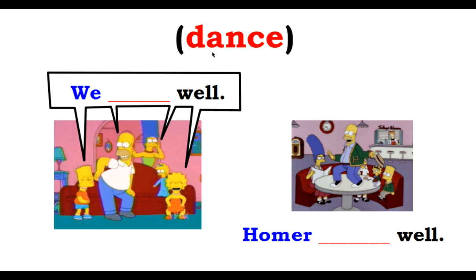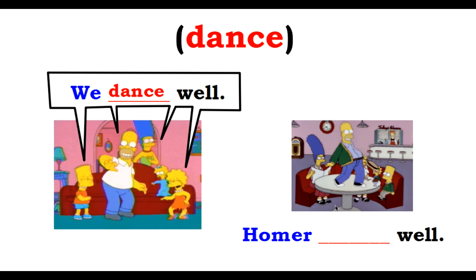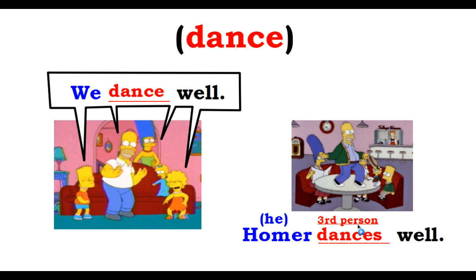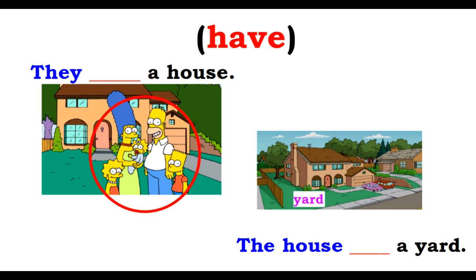The verb dance. For example, we dance well, the normal form of the verb. But Homer dances well. Remember, Homer is he, so the third person conjugation, dances. Homer dances well. Very good. Have.